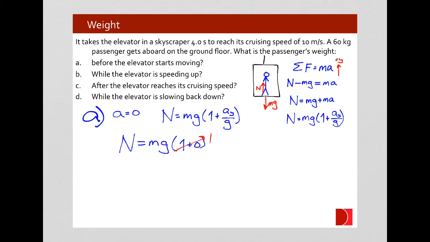That term goes to 1. And our normal force is mg, which makes sense. If we're not accelerating, if we're not moving, then there's nothing special going on. Our weight, which we'd feel as the normal force pushing us up, is just mg.